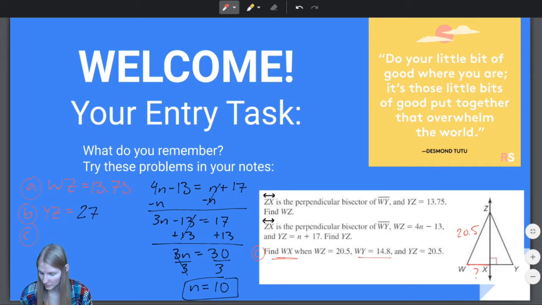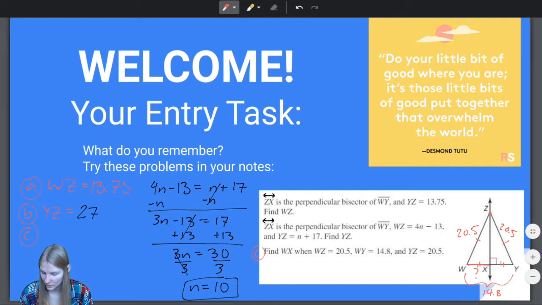Oh, whoops, WY, not XY. WY is 14.8, and YZ is 20.5. Hey, these are the same. 20.5 and 20.5, those are the same. Which means that Z lies on the perpendicular bisector.